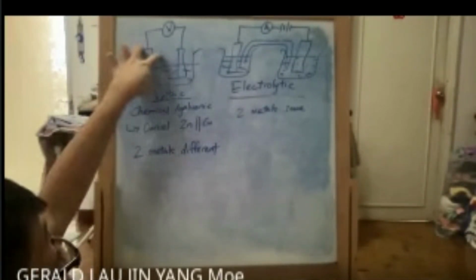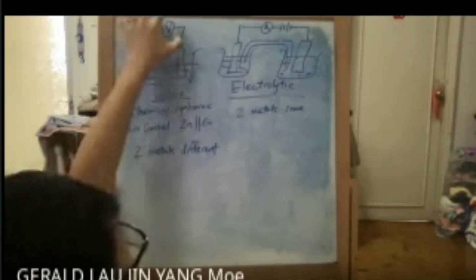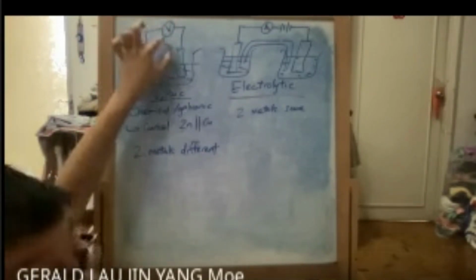How do I do this? Okay. You see, chemical change occurs here. Why is it called a voltaic cell or chemical cell? Because chemical change occurs here. Because of this chemical change, it will produce electricity here. The voltmeter will detect the electricity.